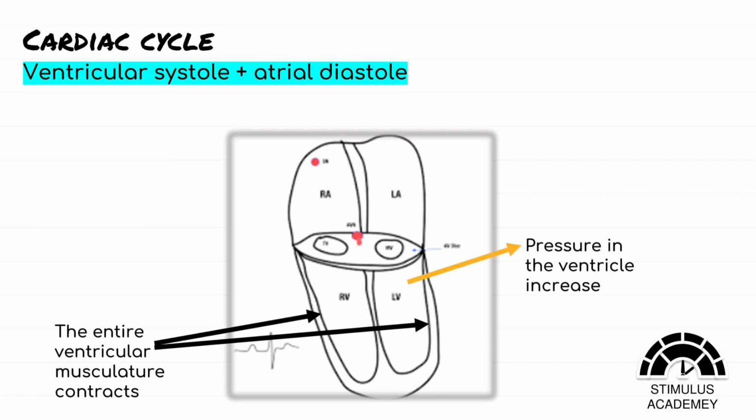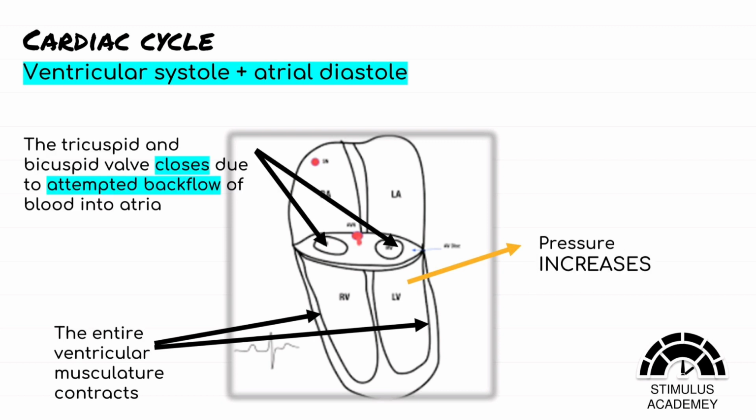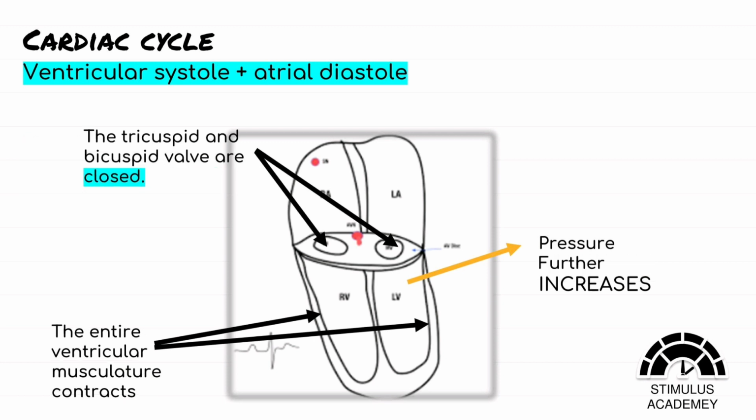Due to ventricular contraction, pressure in the ventricles increases. And due to this pressure increase in the ventricles, blood attempts backflow into the atria, and thus the tricuspid and bicuspid valves, which are present in the atrioventricular septum, close with force. Now what happens when the pressure is further increased?